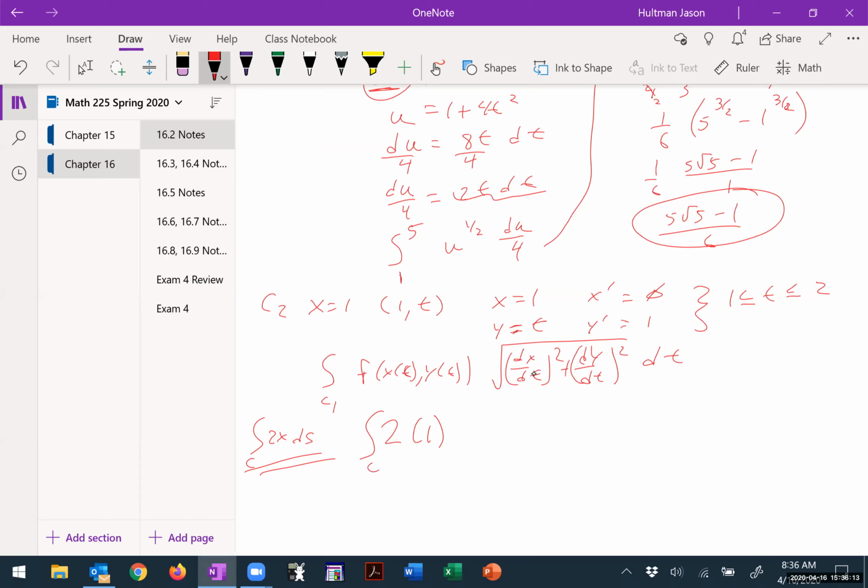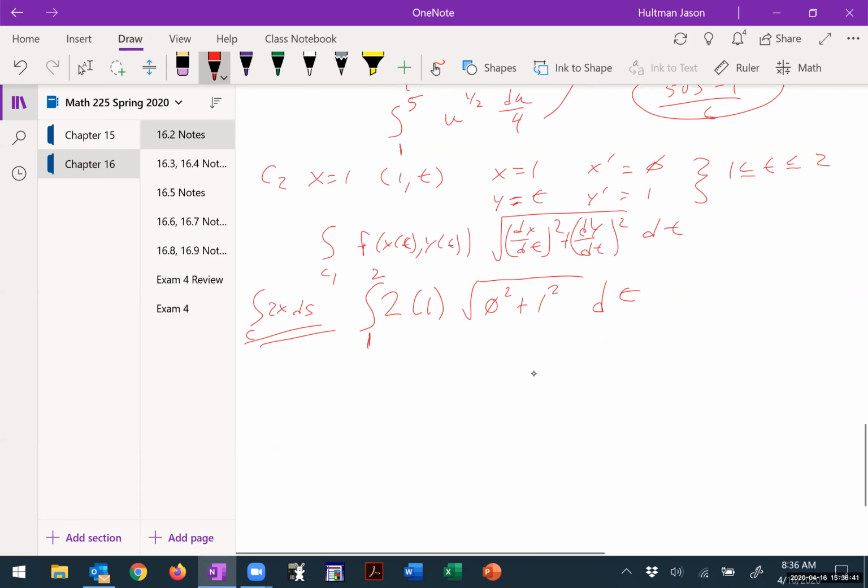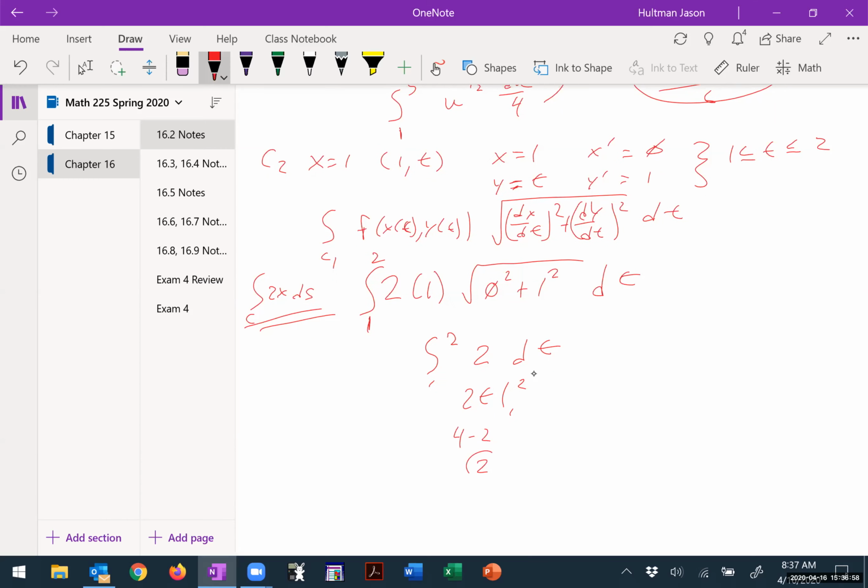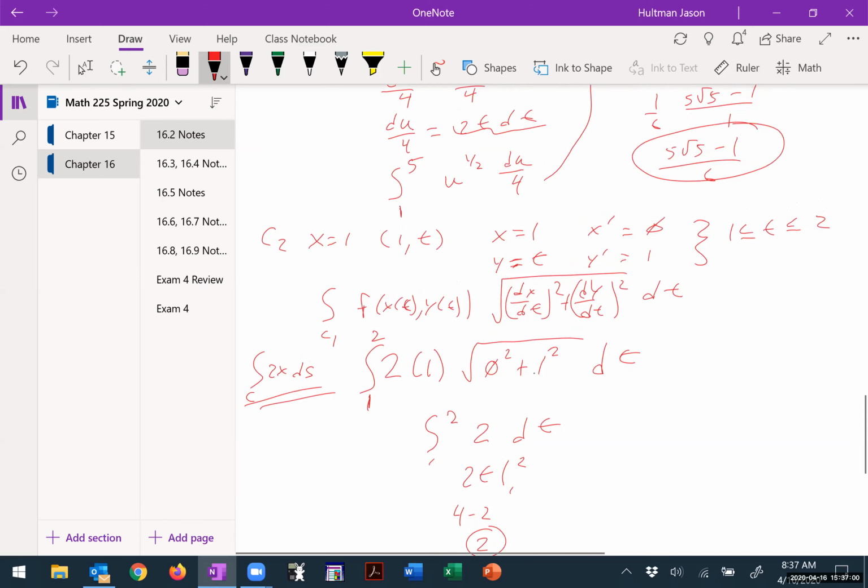It's 1. dt. So this is kind of nice. This just becomes the integral from 1 to 2 of 2 dt. Then that's just 2t from 1 to 2, right? If I plug that in, don't I just get 4 minus 2? And so that's 2.